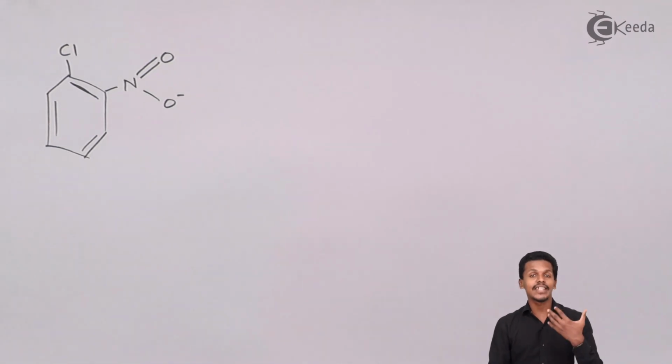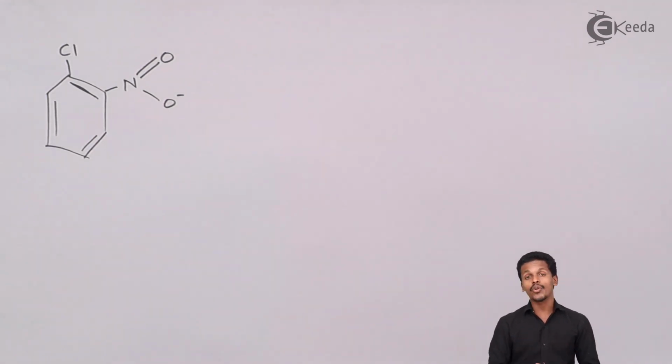Actually, it increases the reactivity of the benzene ring, so the possibility of the substitution reaction is greater, and the substitution reaction can take place very easily. Suppose in this case we treat it with NaOH, a base.